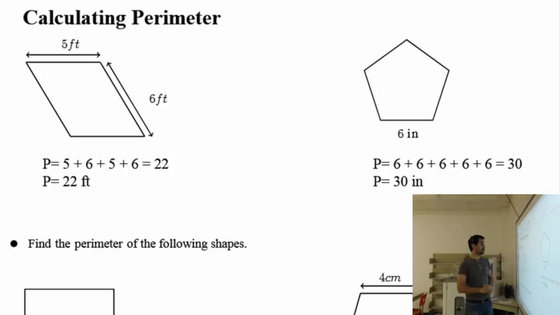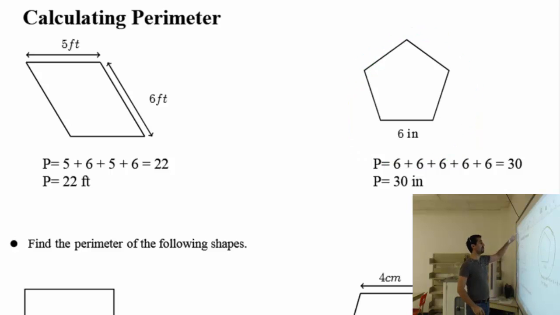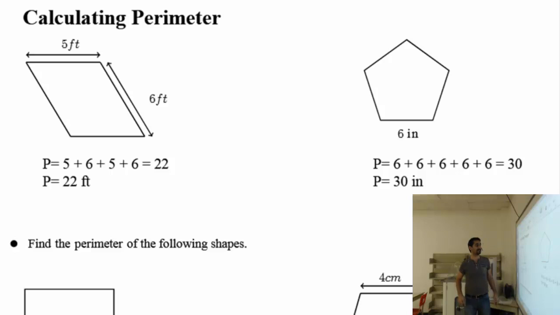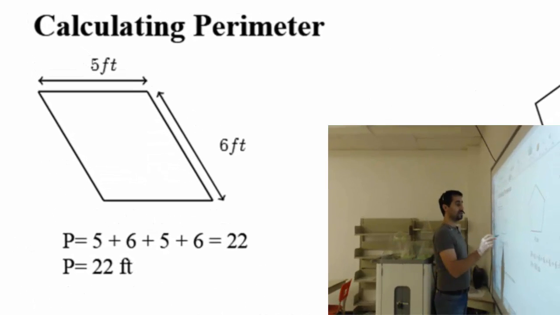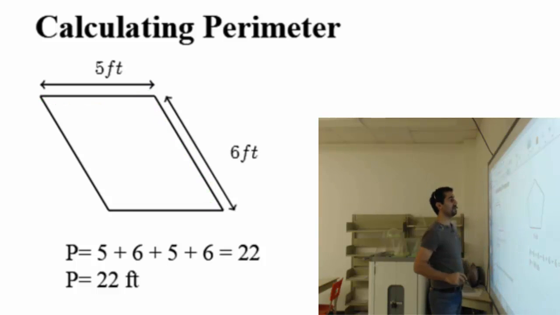Calculating the perimeter. Now we have a polygon here and we have a parallelogram here. Let's see. So this is 6. That is 5.